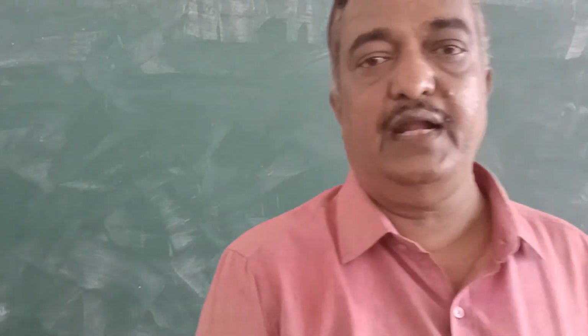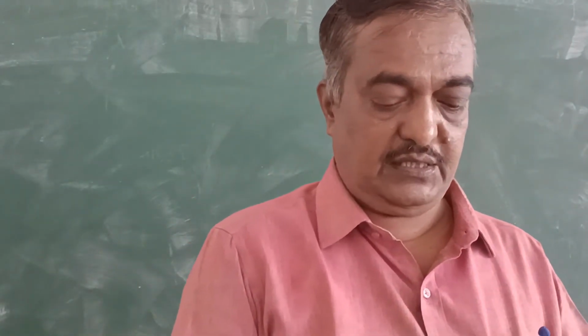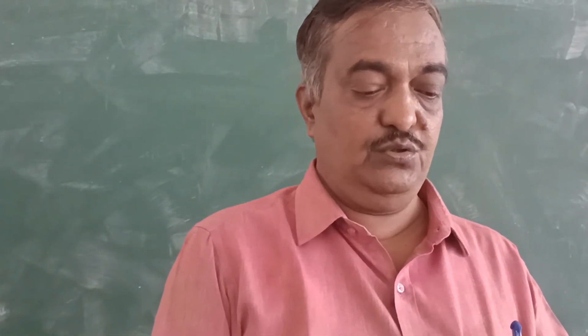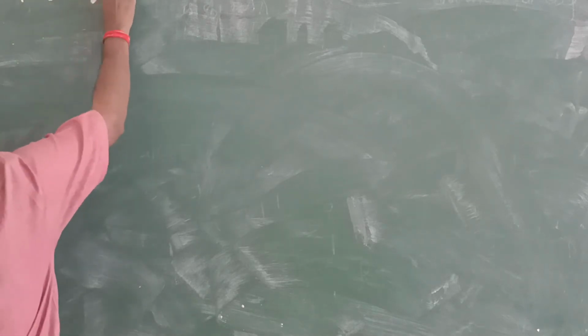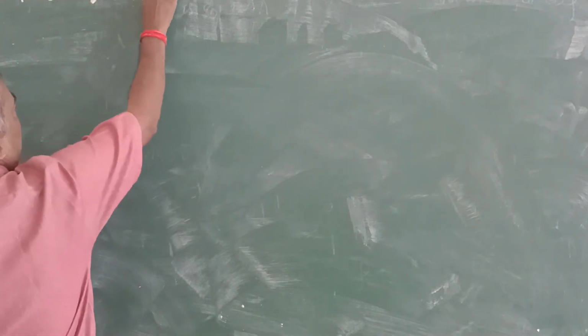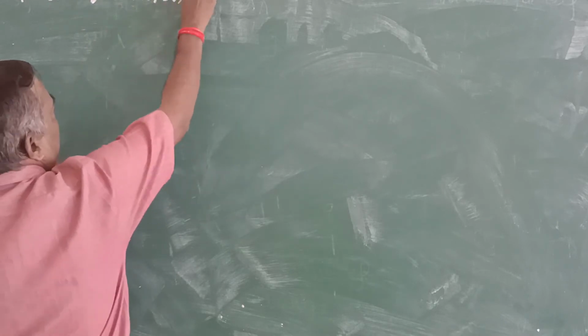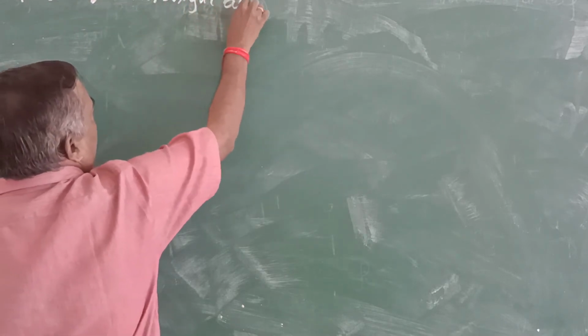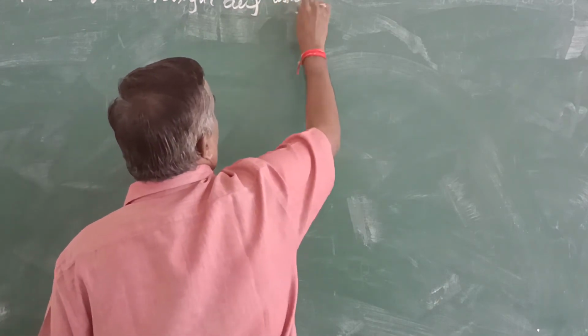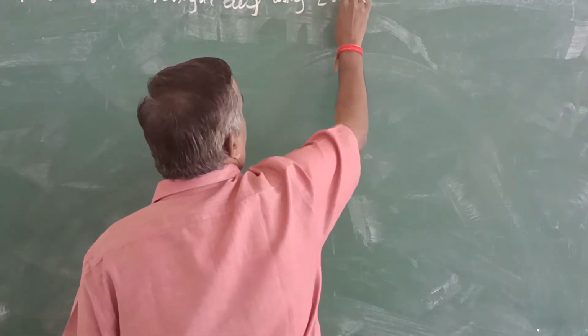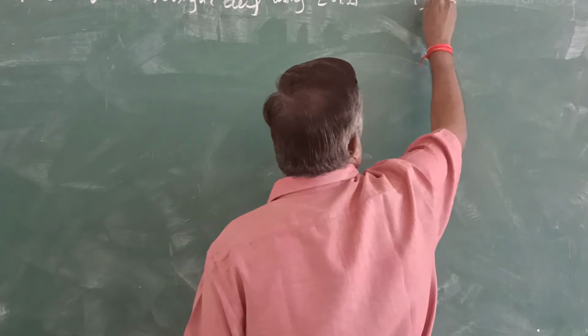When we think of dicarboxylic acid, the compound must possess two COOH functional groups. That is synthesis of dicarboxylic acid using EAA.